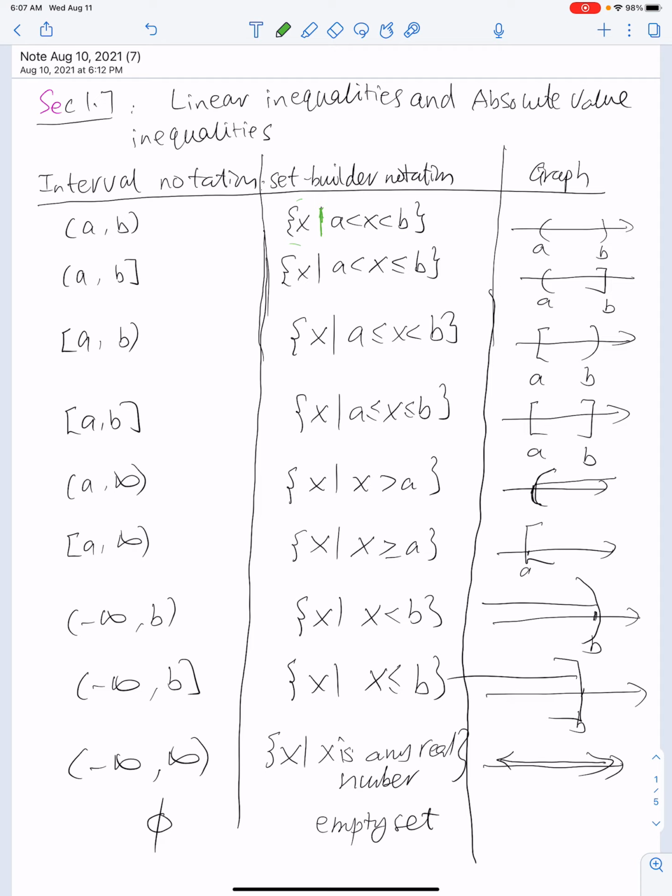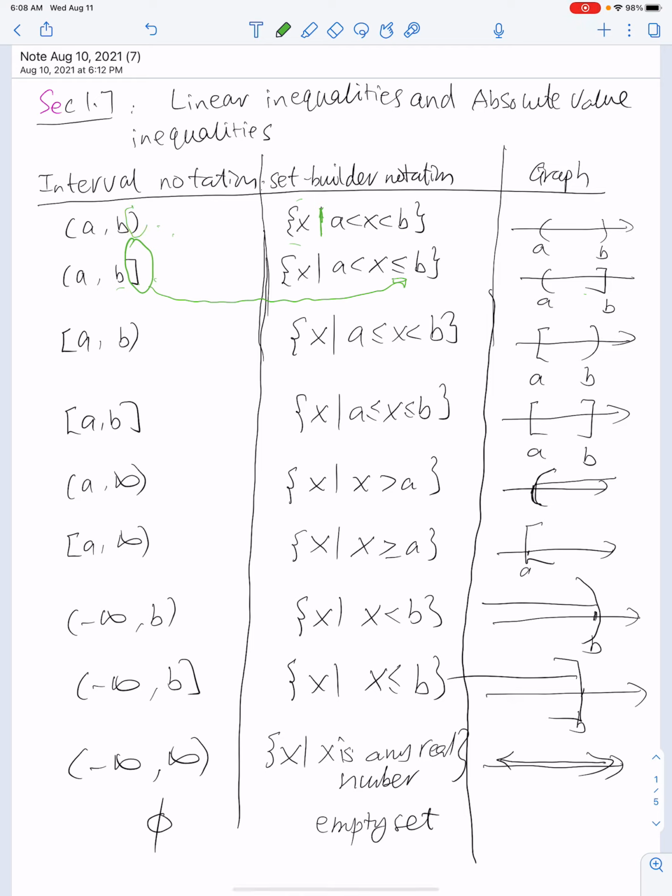So what is the difference? Look at these two. You have a bracket here, and you have a bracket here, and what will the bracket become for the set builder notation? The bracket here corresponds to the equal sign.